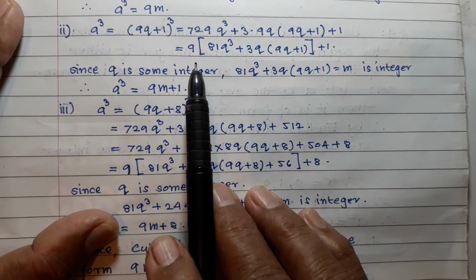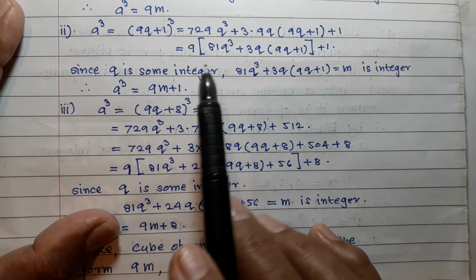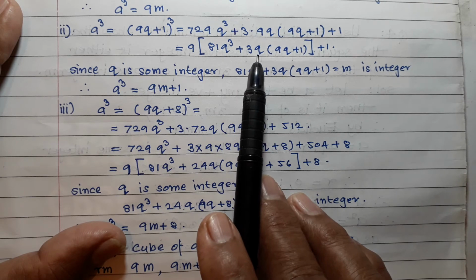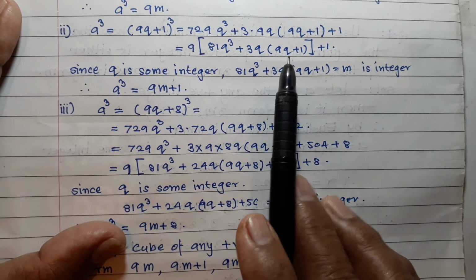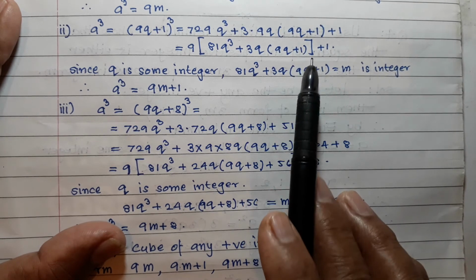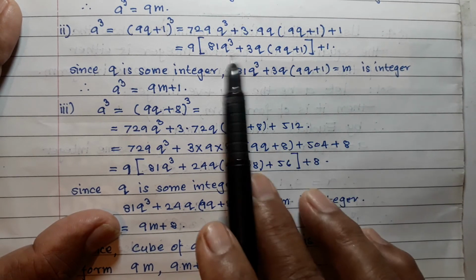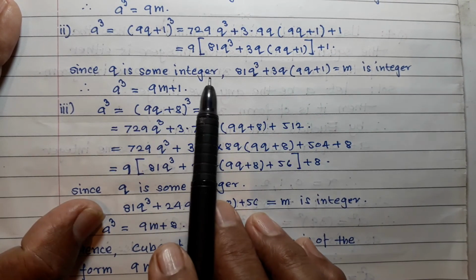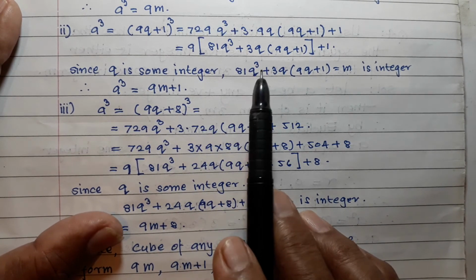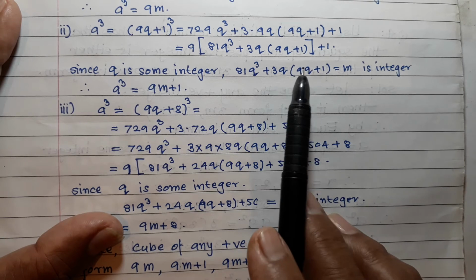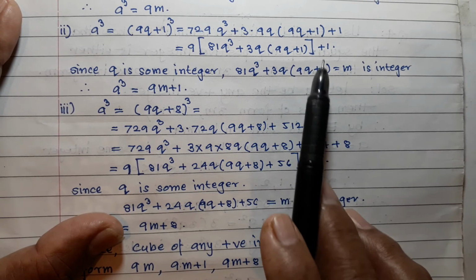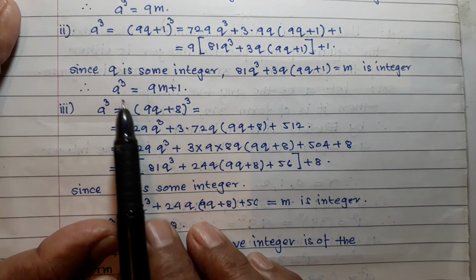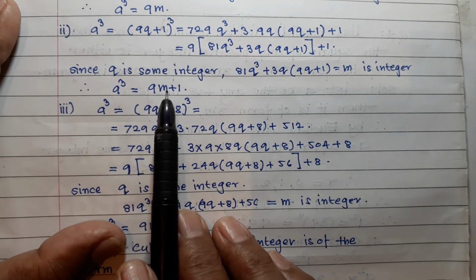Then here you take 9 common from these terms: 9 into bracket 81q cube + 3q into bracket 9q + 1 close bracket, plus 1, and now this is an integer because q is an integer. Since q is some integer, 81q cube + 3q(9q + 1) is an integer, say m, and therefore a cube is equal to 9m + 1.